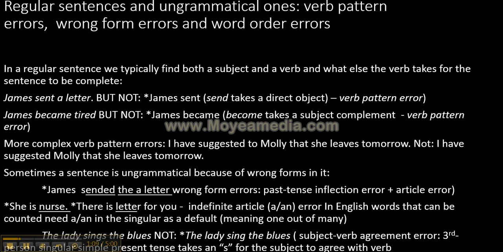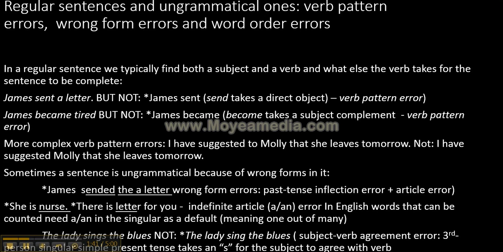We also looked a little at morphology errors such as sendit, and we looked a little at "she is nurse," which is wrong because you need to have "she is a nurse." Whenever you have a countable noun in the singular, you need the indefinite article as the default situation, because the indefinite article tells us that you are just a member of a category, or just one out of many, and therefore we need that.